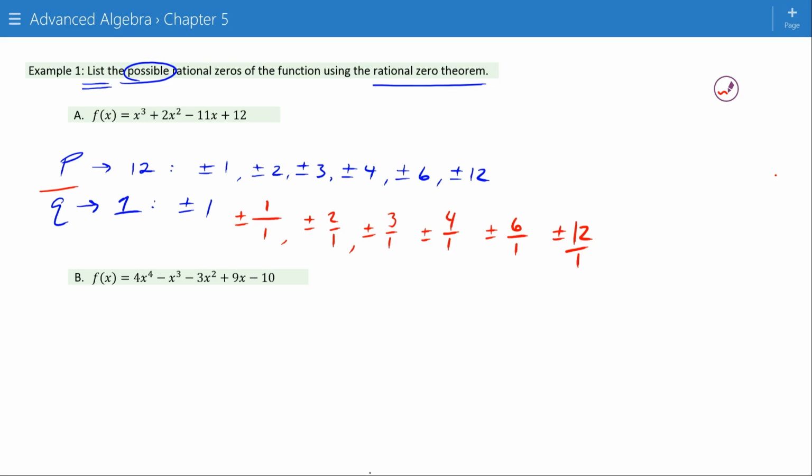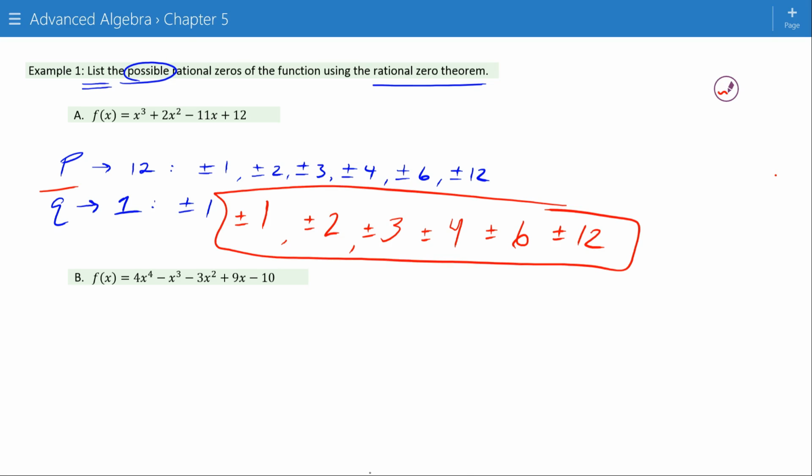But in these particular cases, when our Q is 1, we're not going to leave them like that. We're going to simplify all those numbers, right? 1 over 1 really turns into just 1. 2 over 1 turns into just 2. 3 over 1 is 3, so on and so forth. But again, really paying attention to the fact that we could have positive 1 or negative 1 as a zero. And that's really what we've got to keep in mind when we're doing this.